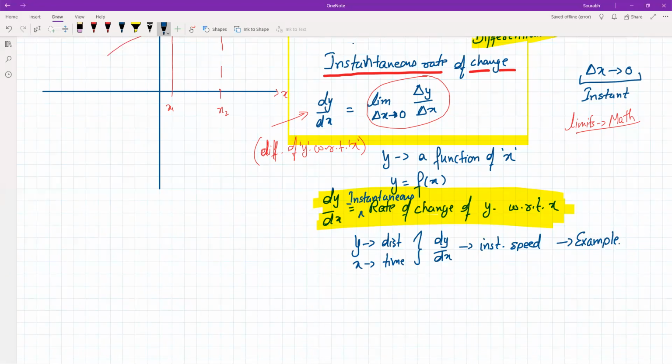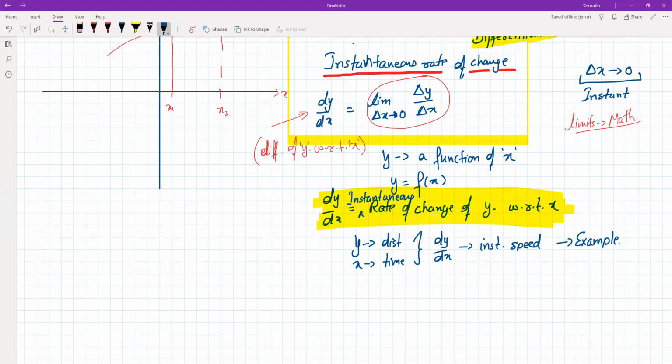So in the next session, we are going to study how to find this differentiation. Right now, we just understood what differentiation is and what the use of differentiation is. It is actually used to find the rate of change of y with respect to x, and there are multiple other applications as well. But this is the need of differentiation. That's how differentiation came into picture.